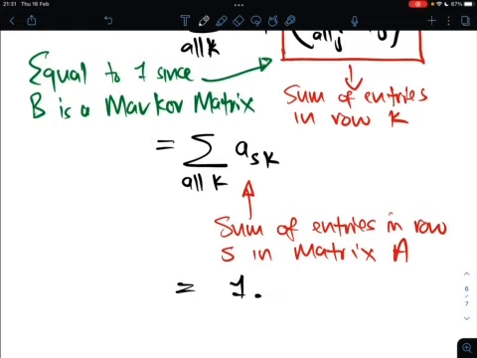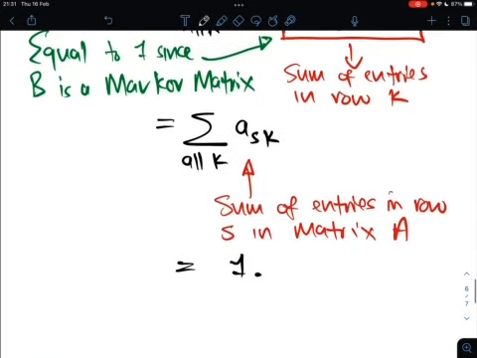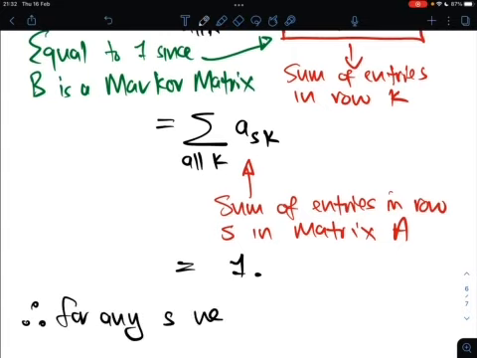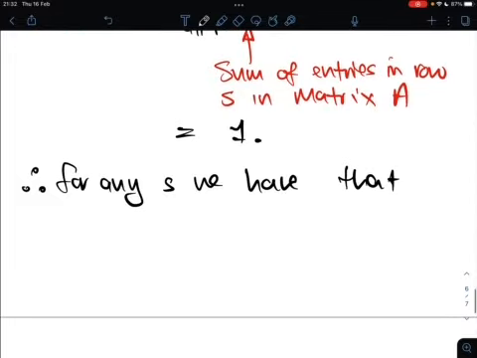But now what do we see here? Now we can see that therefore, for any S, we have that sigma over all j of C_sj is equal to 1.